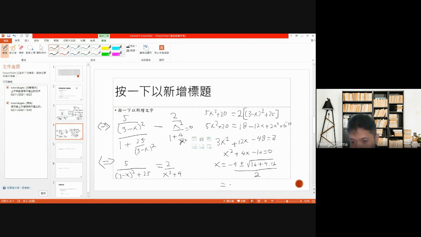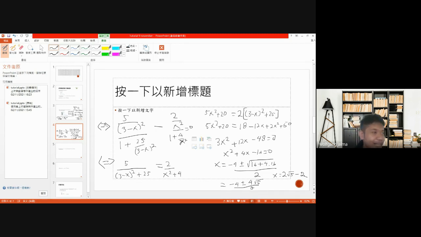So we have minus 4 plus minus 4 square root of 5 over 2. So the answer will be, 2x will be what? 2 square root of 5 minus 2.